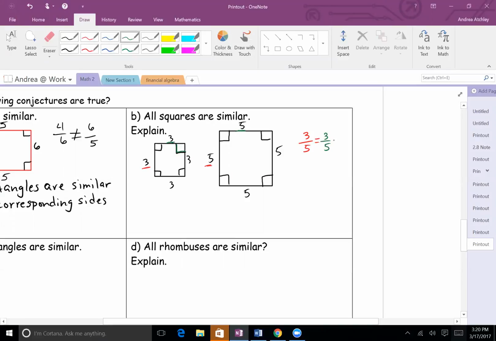And that is, those are equal, so all squares are similar. We could do this a bunch of times, but since all the sides are congruent, you're going to always have that same proportion all the way around.